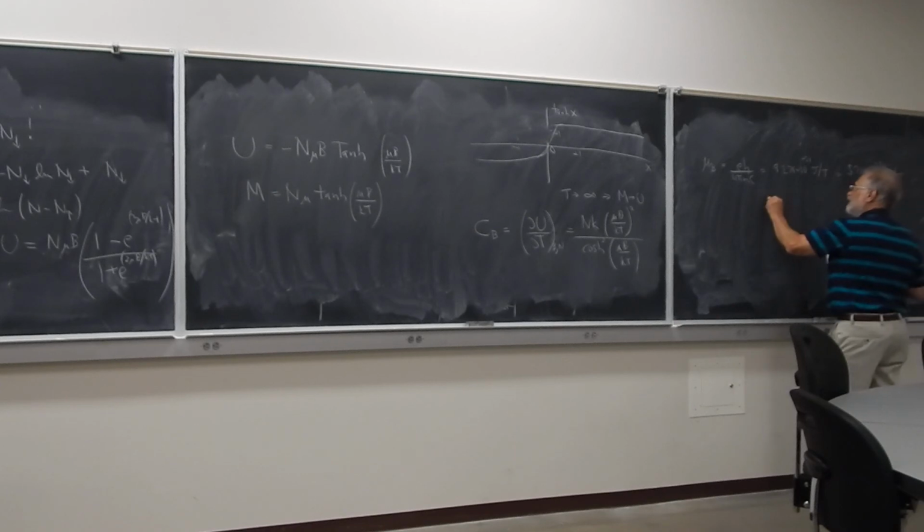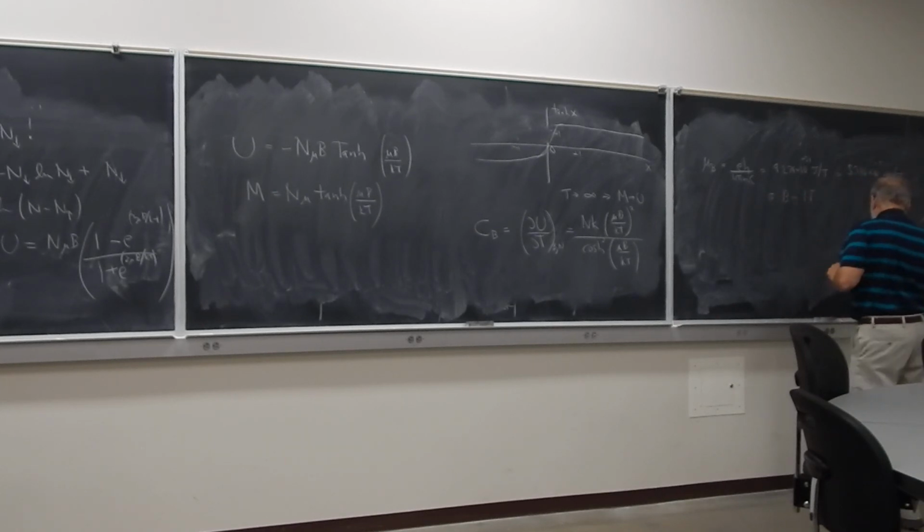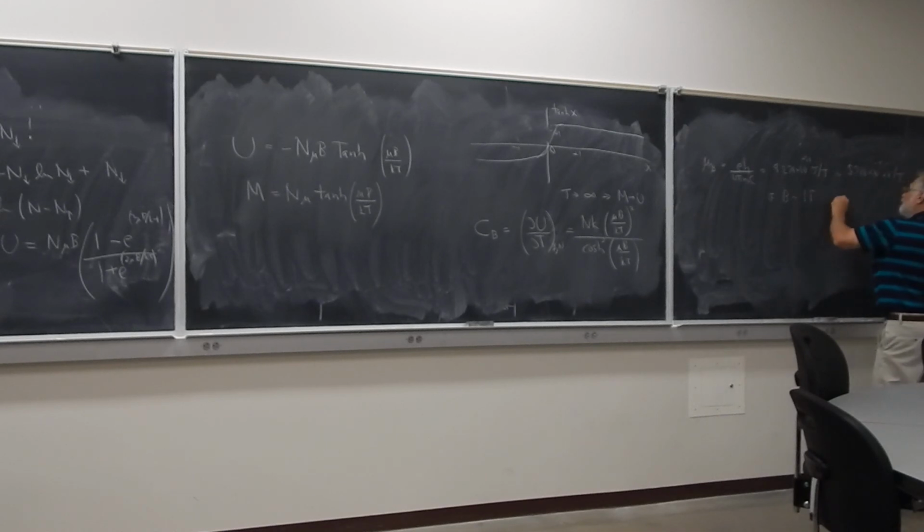So if the magnetic field, in this case for electrons, is about 1 Tesla, mu times B is going to be something like 5.8 times 10 to the minus 8 electron volts. Room temperature, by the way, is on the order of 1 over 40 electron volts.